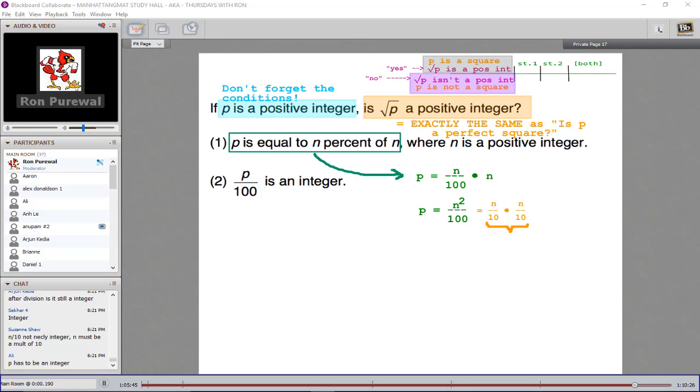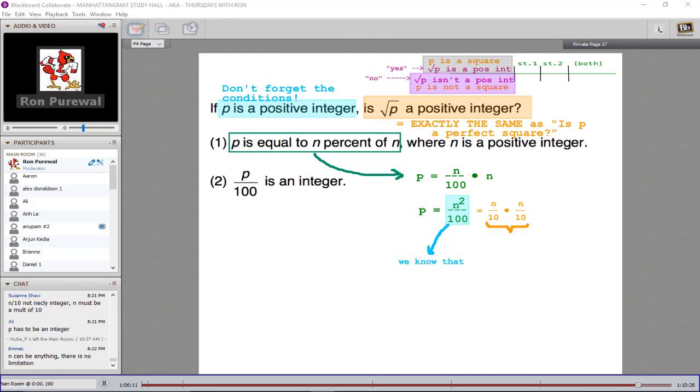We got a condition that says n squared over 100 is an integer. This is the given condition. So we know that n squared divided by 100 is an integer. That's a whole number from the condition.